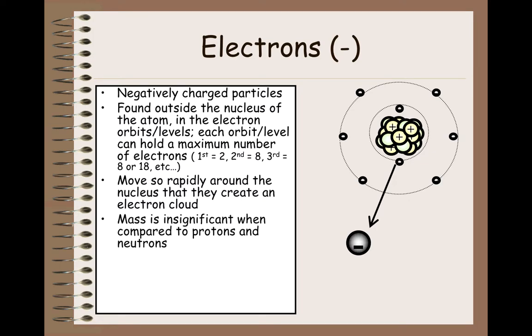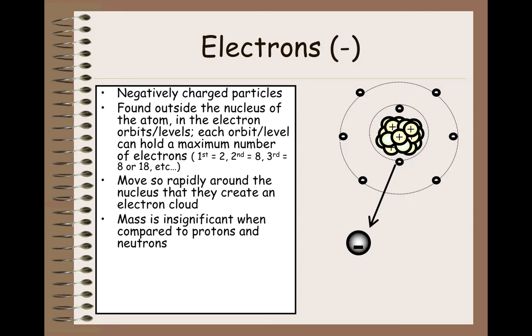The mass of the electrons is nearly insignificant compared to the mass of protons and neutrons. Think about this. When we talk about the atomic mass of an atom, we are talking about the protons plus the neutrons, because the protons and neutrons make up a majority of the mass of the atom because they have a greater mass than the electrons do.